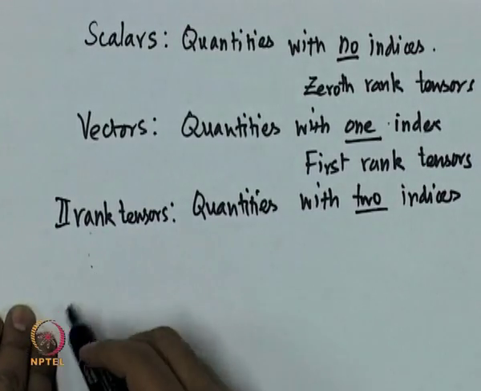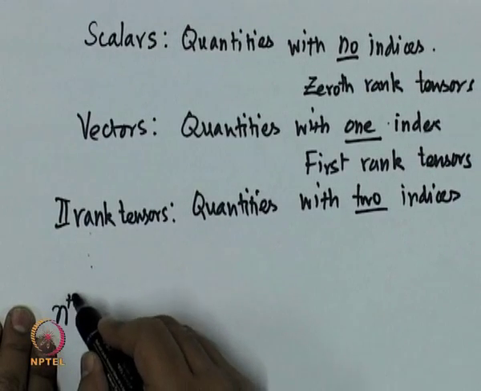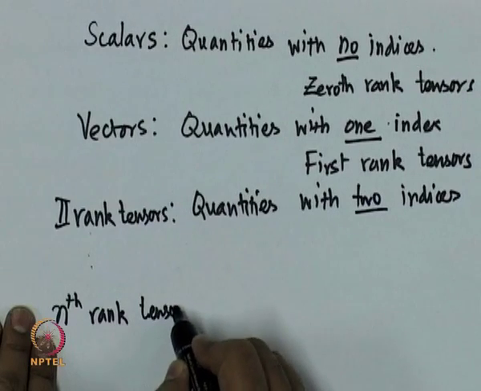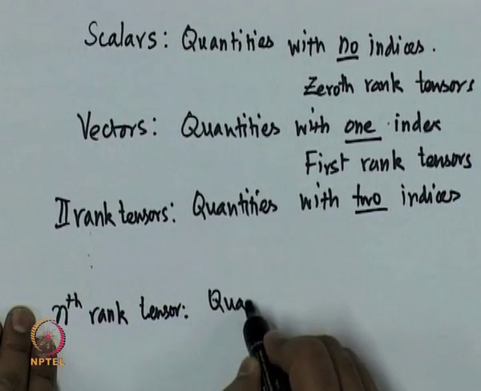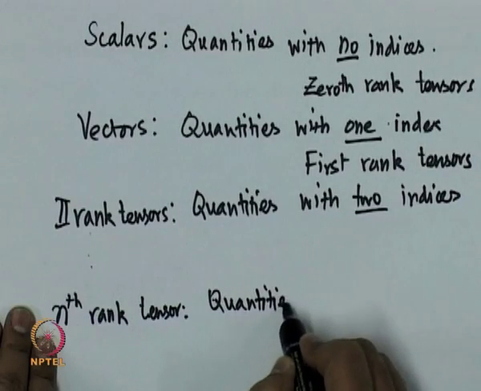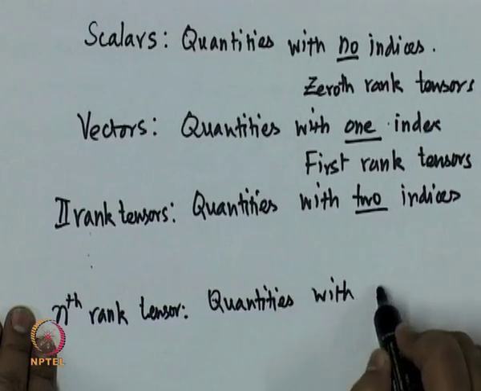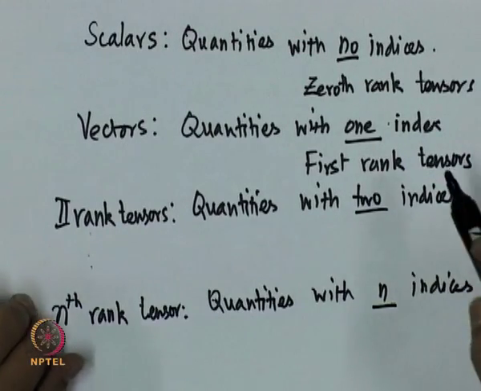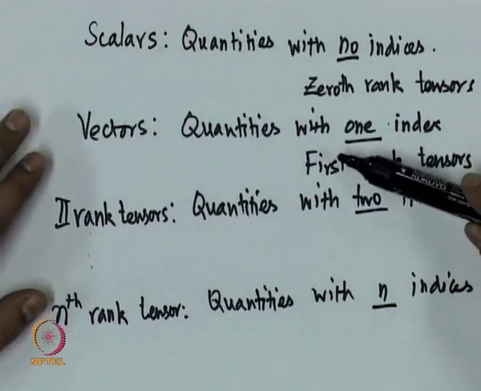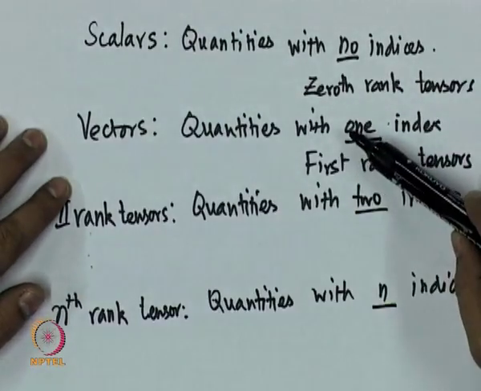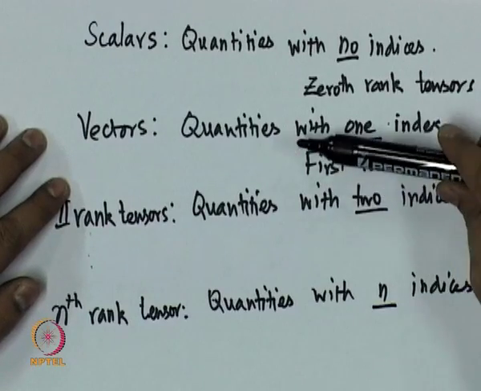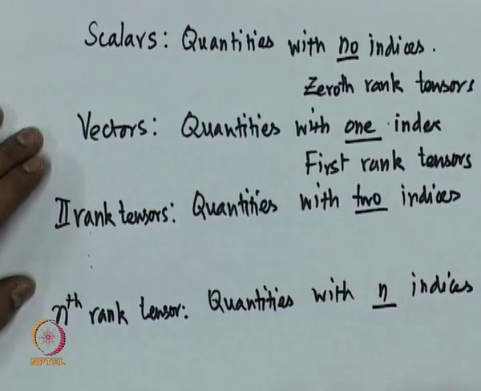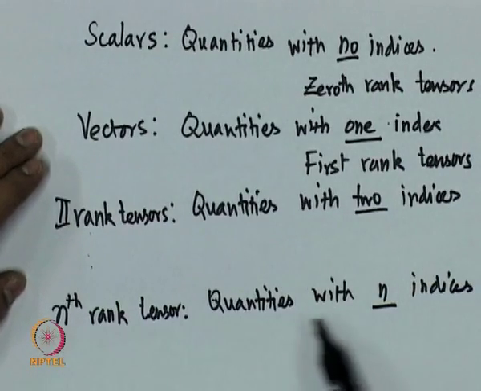So, if I go to nth rank tensor, then I say that those are quantities with n indices. Now, what is the advantage of defining vectors as quantities with one index? Because it automatically then generalizes the second rank tensor, third rank tensor, fourth rank tensor, etcetera, up to any nth rank tensor.